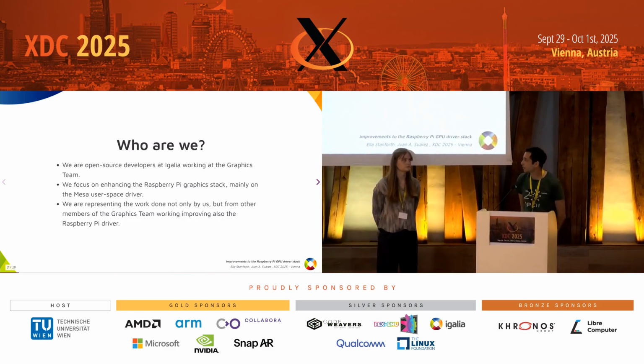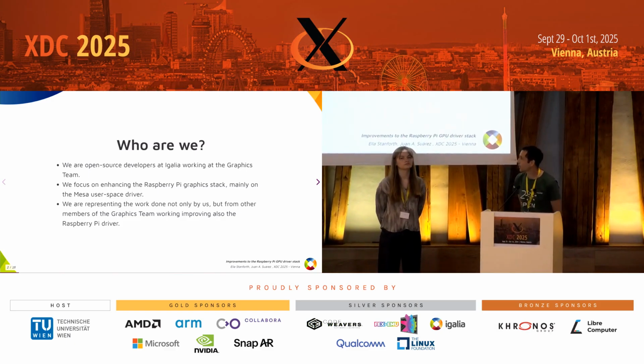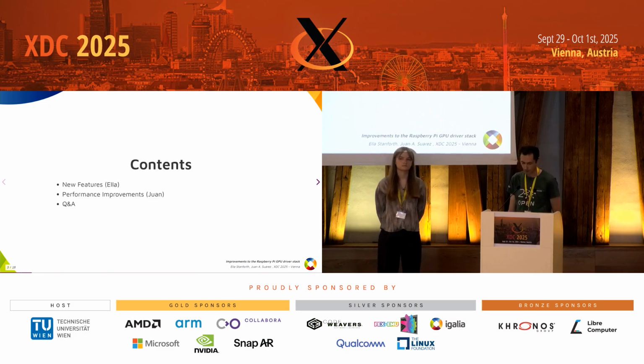It's important to highlight that we are presenting here not only the work done by Ella and me, but also by other members of the graphics team that work on the improvement of the Raspberry Pi driver. What I'm going to show here is basically in two parts.